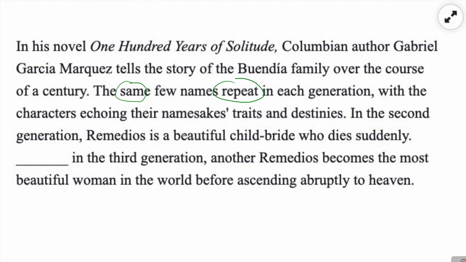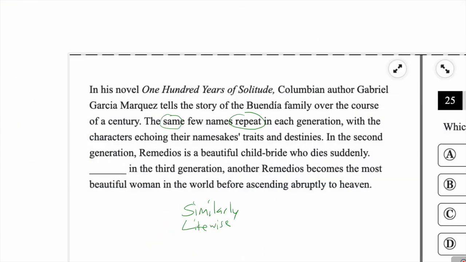Now, you might be looking at this and thinking, well, we're going from one generation to another. Maybe that's a matter of sequence, before and after, or first, then later. But I think that's sort of overridden by the fact that they are pointing out this similarity. So we could say here, similarly or likewise. And those would really be the two that we would expect.